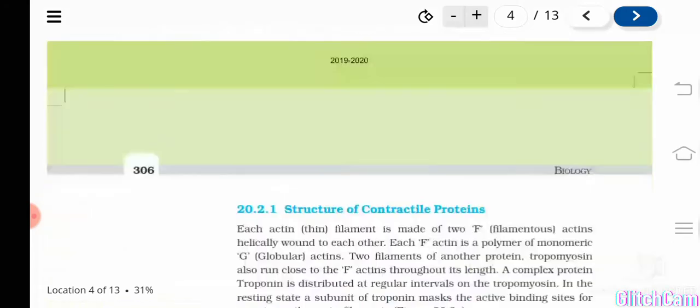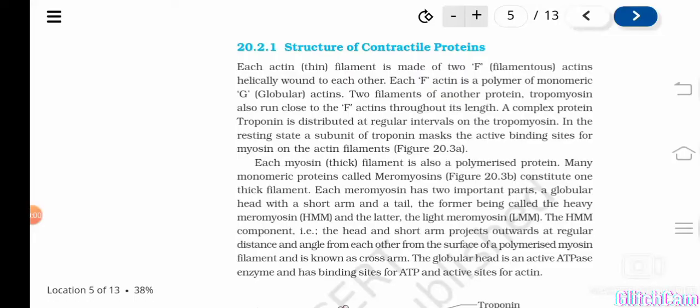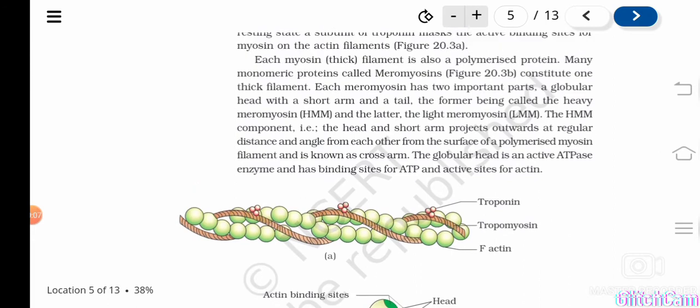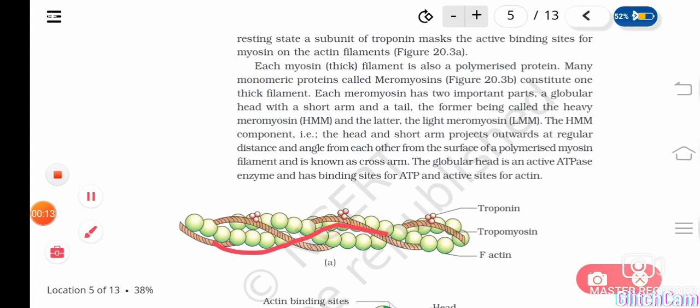Now let's see the structure of contractile proteins. So each actin filament is made up of two filamentous actins, which are helically bound together. You can see each of this is what? An F actin. This is one F actin and this is another F actin.